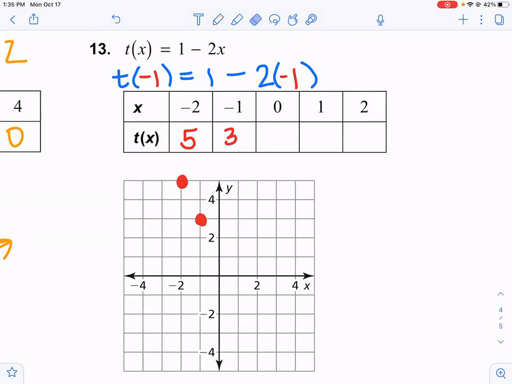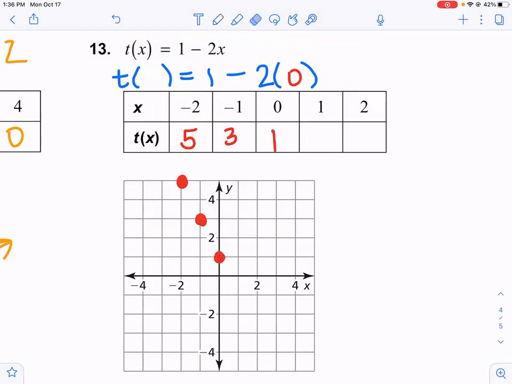Now, some of you are remembering that lines have a constant rate of change. Okay, so before we even plug in 0, you know that there is a difference here of down 2. So you better have down 2 for this difference also.